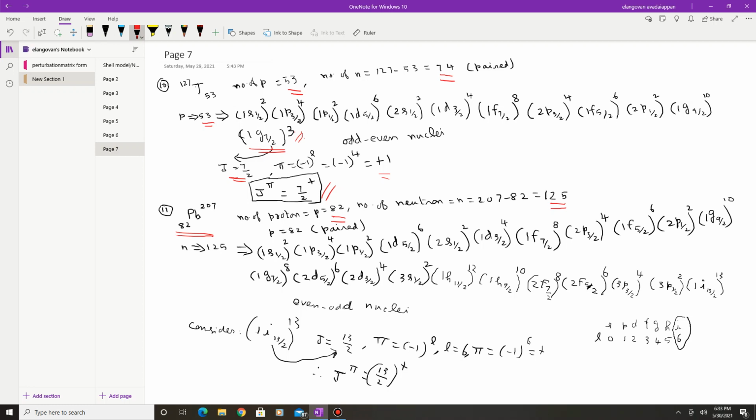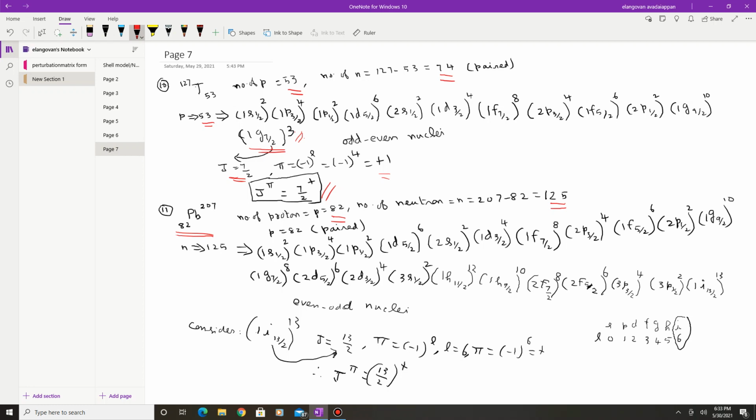This 125 is an odd number. Since the number is more than 52, you have to use the first diagram. We have given a scheme for how to write down the level sequence using the first diagram, so in that case you must remember that first diagram.